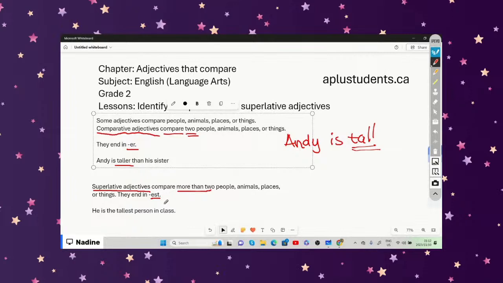So we said superlative adjectives compare more than two people, animals, places, or things, and when they do, they end in est. Remember, we said with the superlative, it is more than two things.